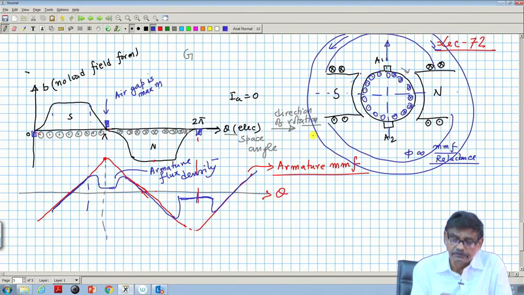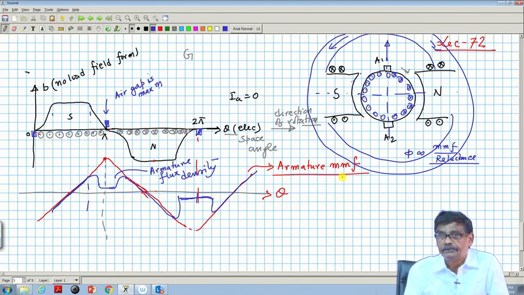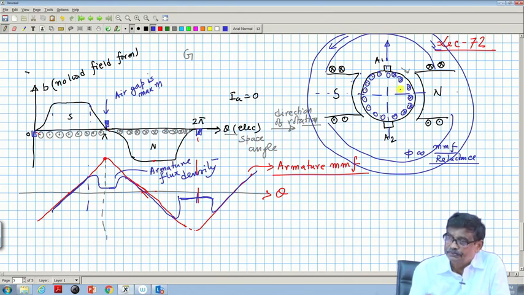Then when the armature is loaded, it will carry current in the same direction as that of the induced EMF. So, this I have shown. Then I got this red curve which gives you the armature MMF drop across the two air gaps, and this red one is the armature MMF.